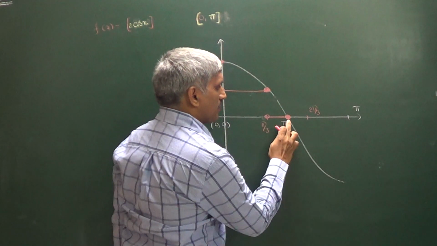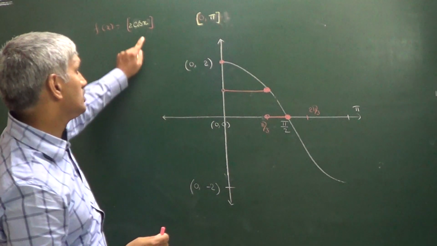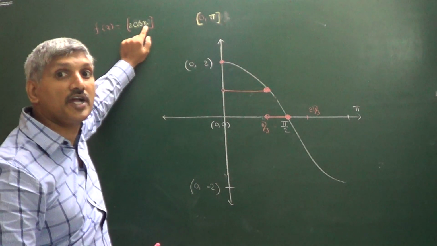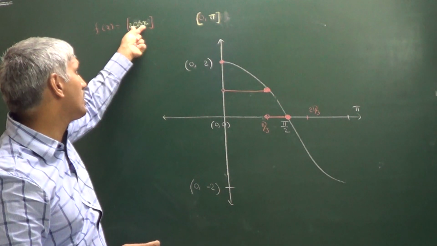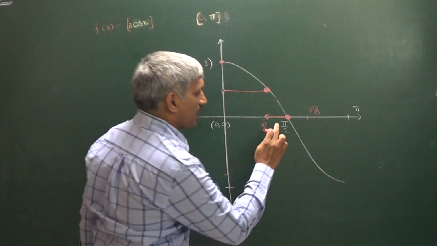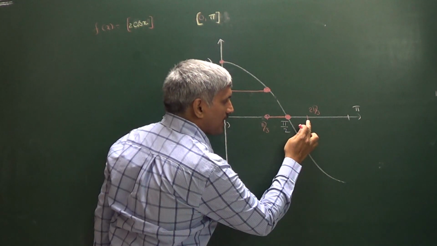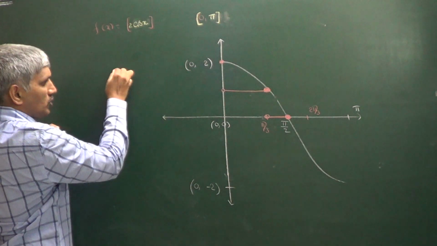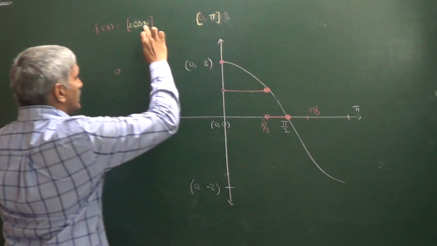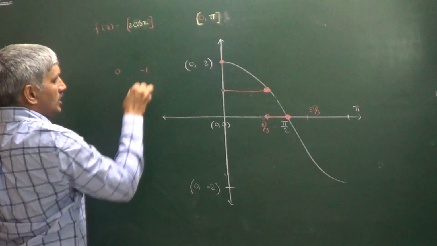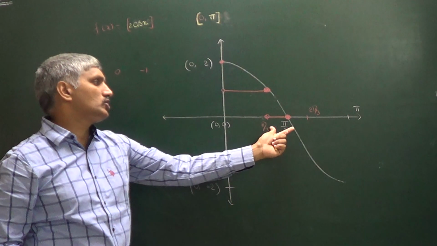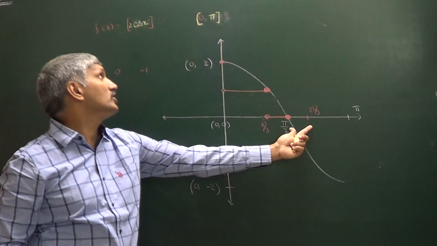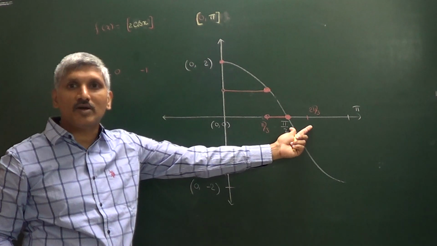Again from pi by 2 to 2 pi by 3, because in case of 2 pi by 3 you will get minus 1 by 2, that's why minus 1. So from pi by 2 to 2 pi by 3 you are getting the value. Pi by 2 case we are getting 0. In case of 2 pi by 3 we are getting minus 1. So from pi by 2 to 2 pi by 3 the value lies between 0 and minus 1.